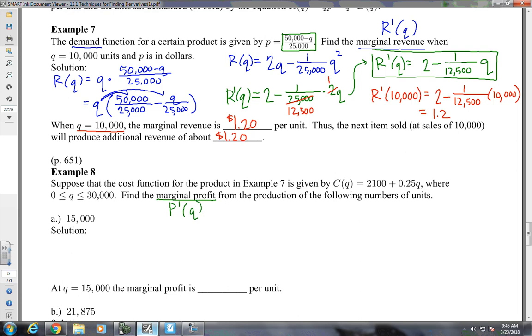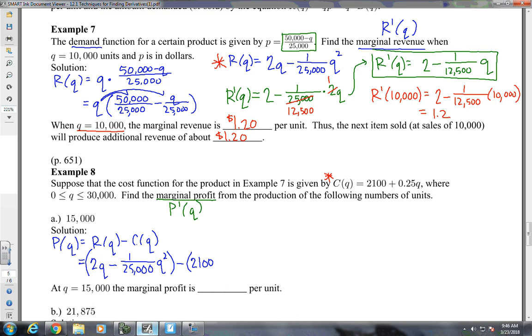Now, before I differentiate my profit function, I have to write a profit function. We have, from the previous example, our revenue function, that was up here, and now we have our cost function. Remember that profit is revenue minus cost. So we have our R of Q minus C of Q. In example 7, we found out that R of Q is 2Q minus 1 over 25,000 times Q squared. There's my revenue function. Now I'm going to subtract the given cost function from this problem.